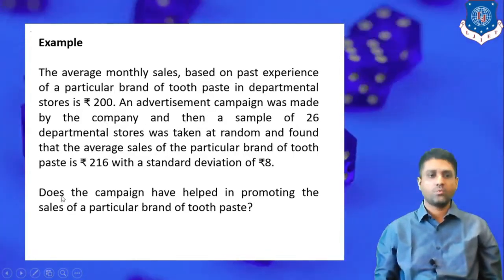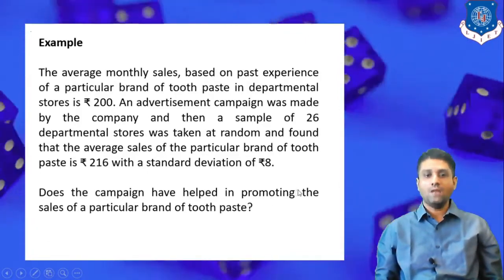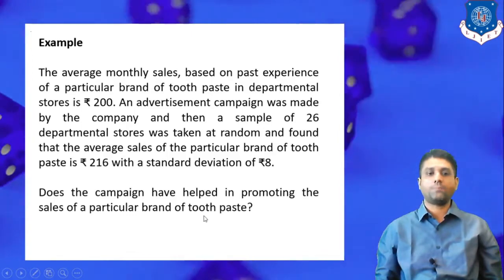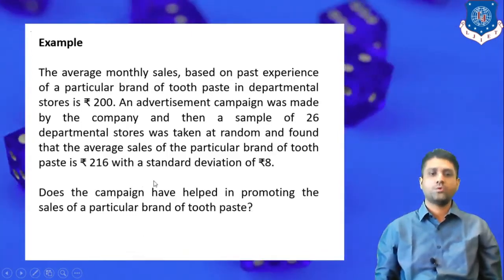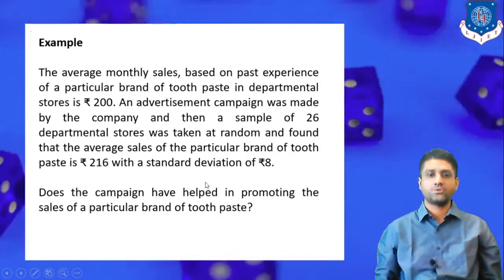Now, our aim is to check or test whether the campaign has helped in promoting the sales of the particular brand of toothpaste. So, we have to check this claim of the department store.